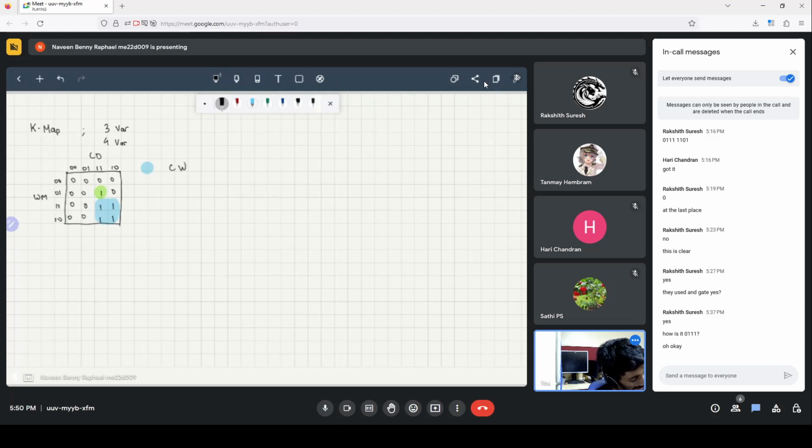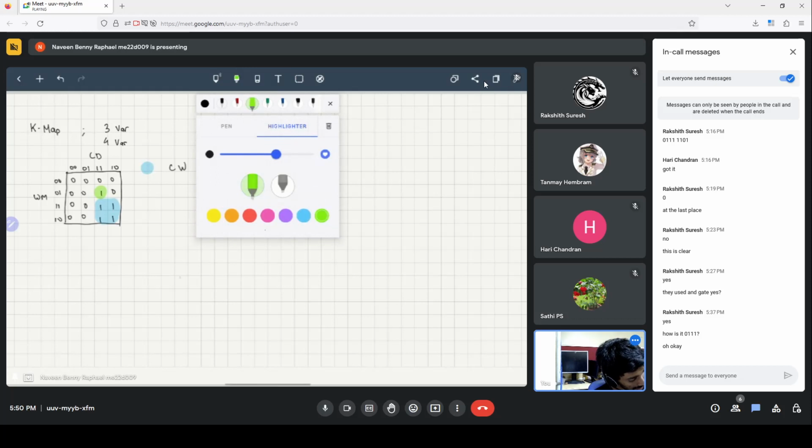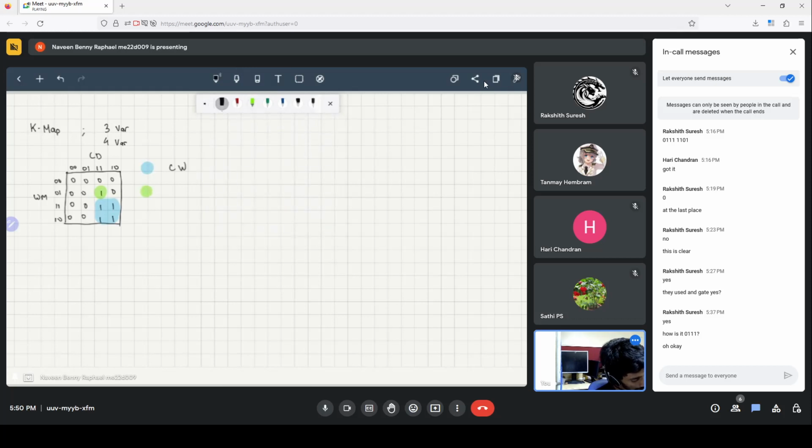Okay. And the green one will have a value of C, D, W prime, M. Did it make sense how I found these?